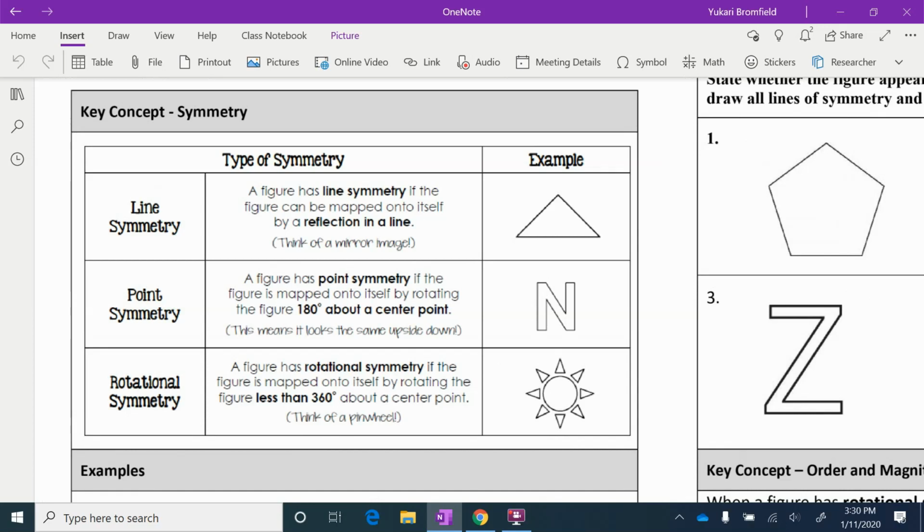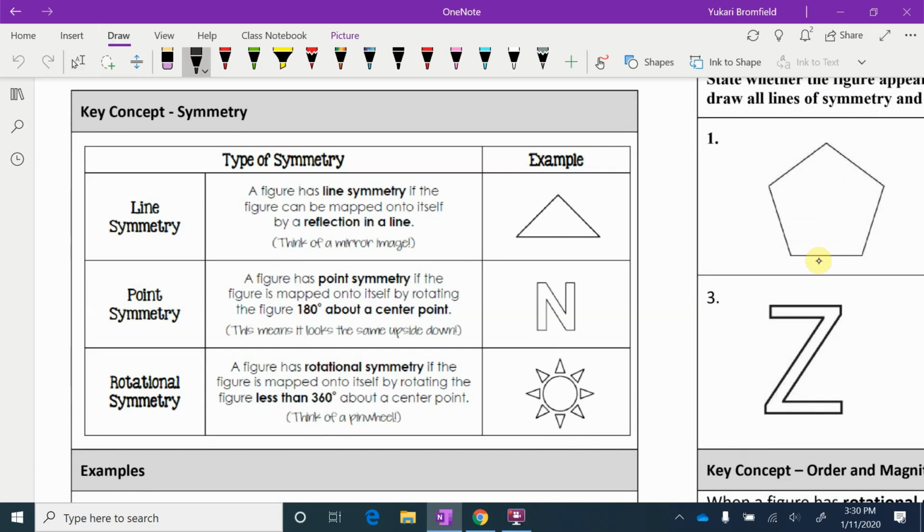So it's kind of like a reflection, right? That triangle, if you draw a line through the middle of the triangle, reflects back to itself, so that has a line symmetry.